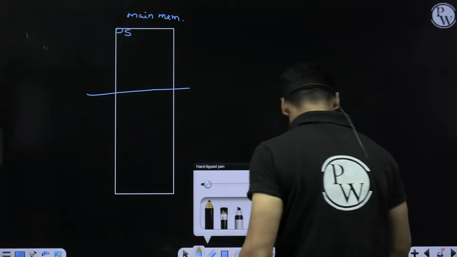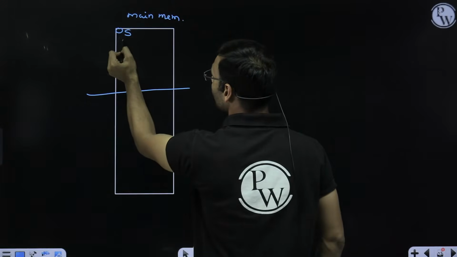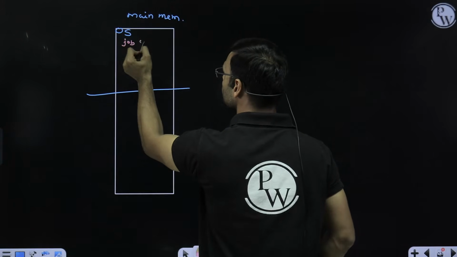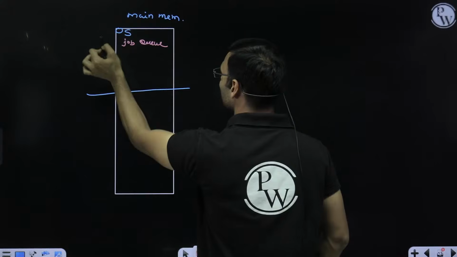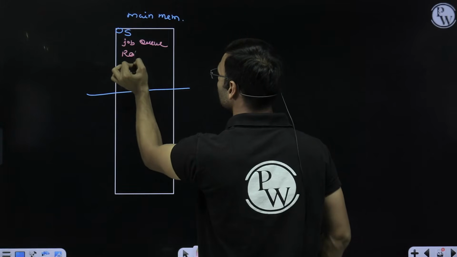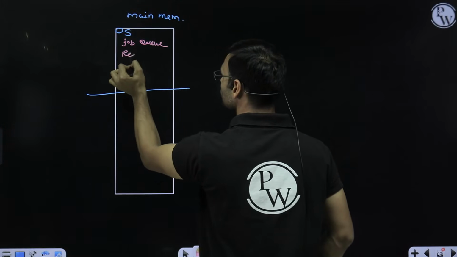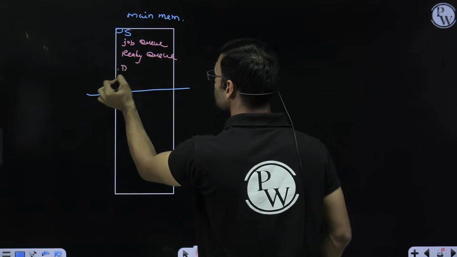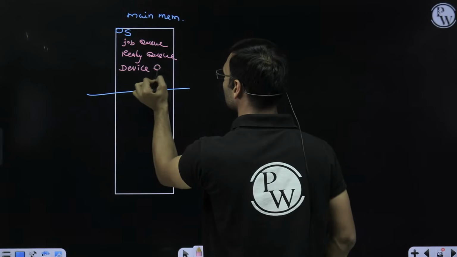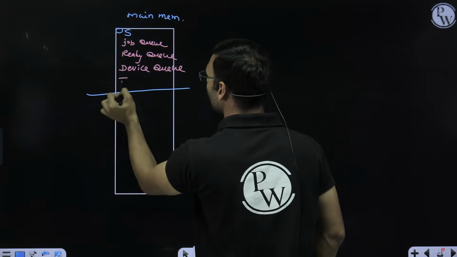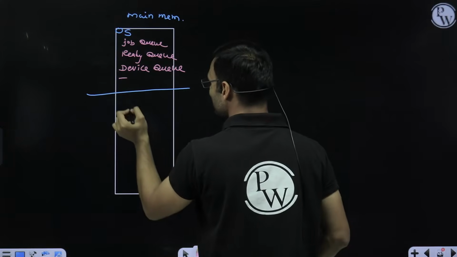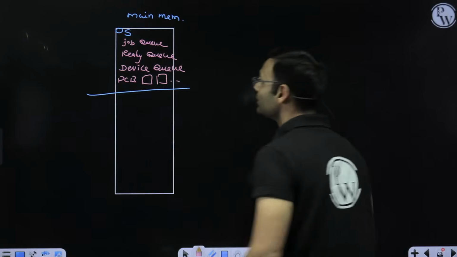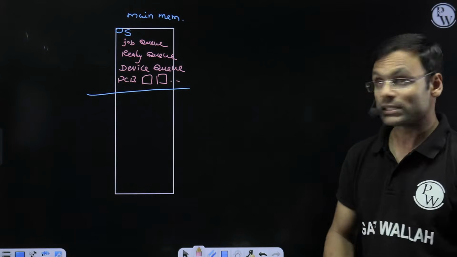In the operating system, we have the job queue, we have the ready queue, we have so many device queues, then we have all the PCBs, PCB of process P1, P2 and so on. Everything is there in the OS.